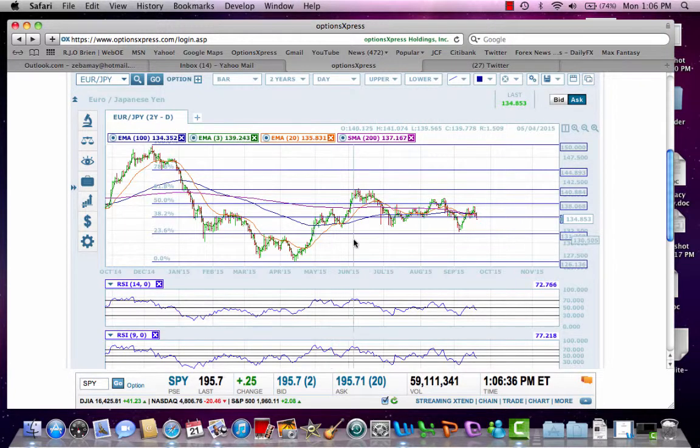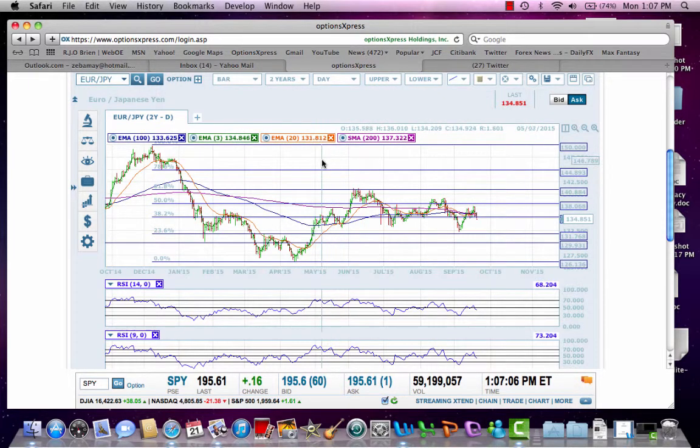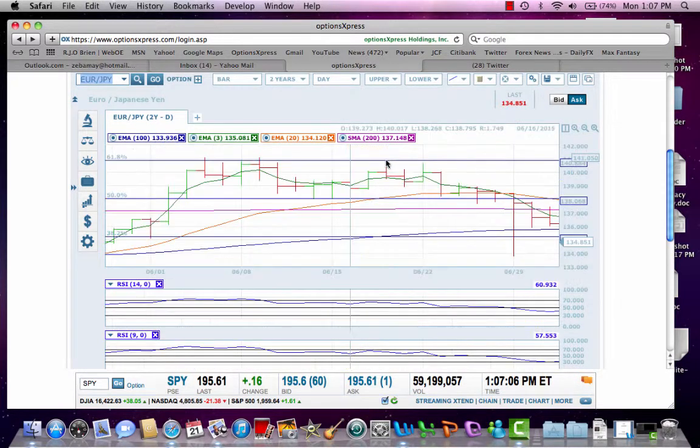So getting back to the issue at hand, I'm going to be taking this one because you can see it bounces, for illustration purposes, right off the Fibonacci level. So let's see how to trade this particular scenario. I'm going to blow up this particular time frame in June to make it a little easier for you to see.